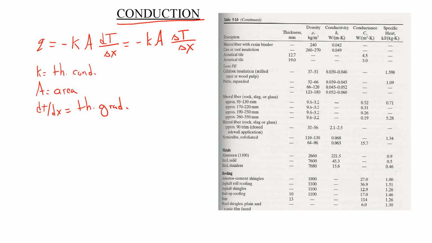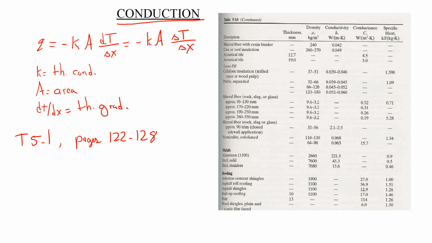Now, the main chart that we're going to be using for conduction is table 5.1, and you can find that in chapter 5 starting on page 122 through page 128. On the right hand side here you have a little excerpt of what the table looks like.